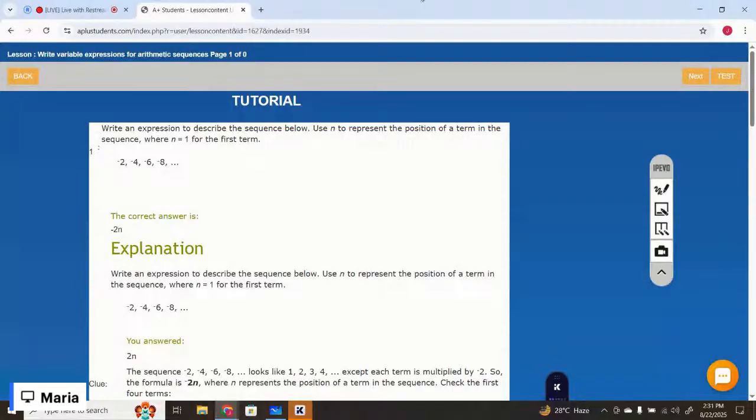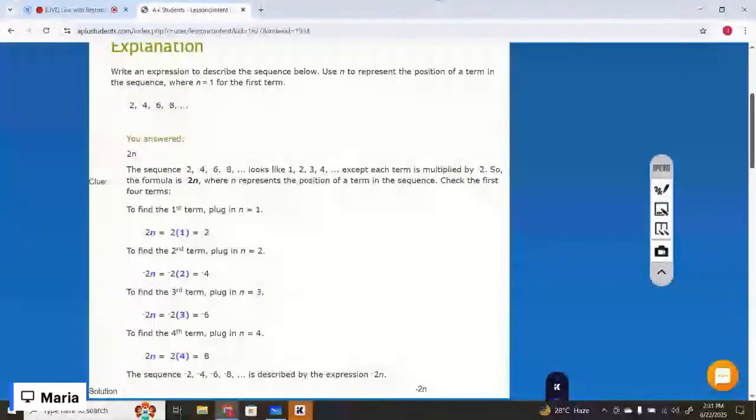Negative 2 times 2 is negative 4. Negative 2 times 3 is negative 6. And negative 2 times 4 is negative 8. So the mathematical expression would be negative 2n.